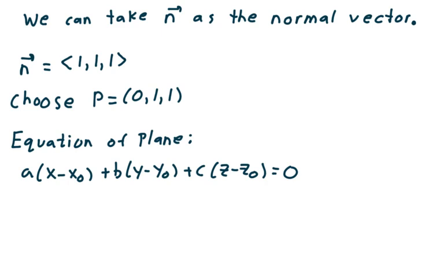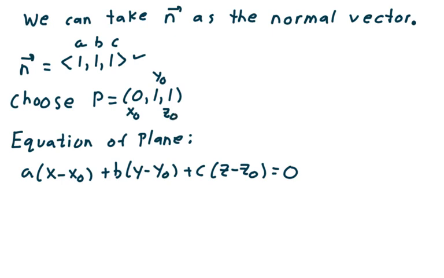Okay? Now, A is 1, B is 1, and C is 1. So A, B, and C come from the normal vector N. x naught is 0, y naught is 1, and z naught is also 1.